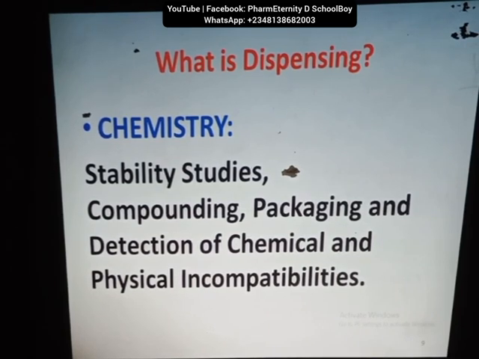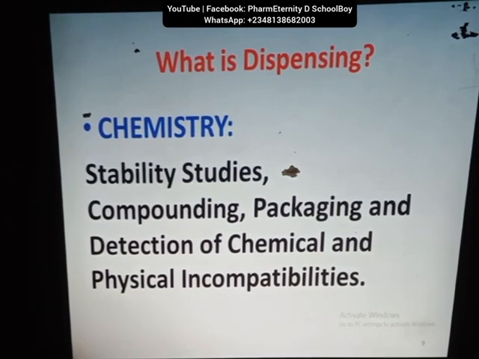So in compounding or formulation, most of the ingredients don't react on their own, except maybe in effervescent preparations, but that one is separate. Generally, there's no reaction. They are not meant to react to form a different product. So this is a mixture. Knowledge of mixtures in chemistry will help us to achieve that.